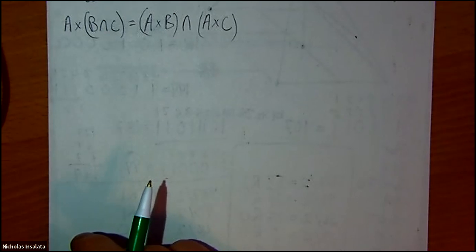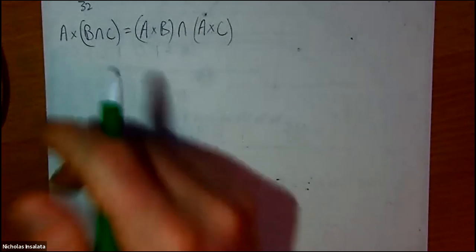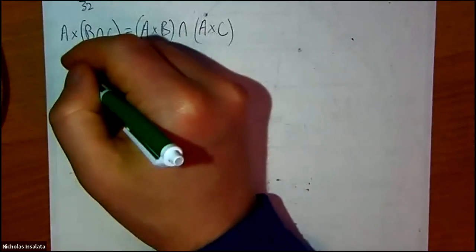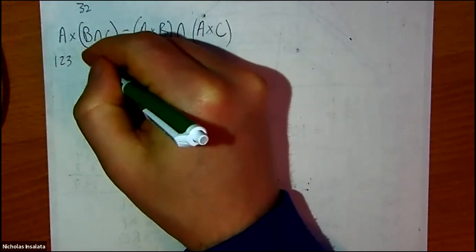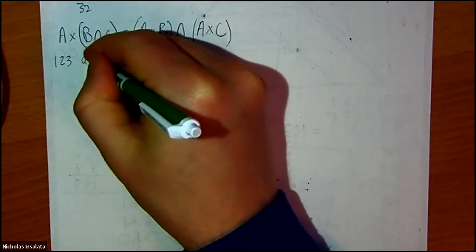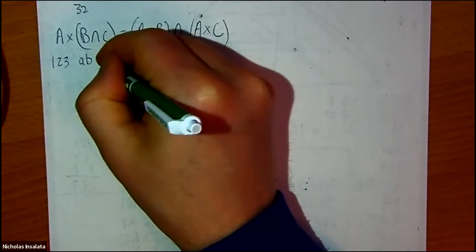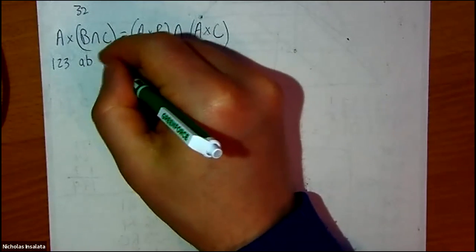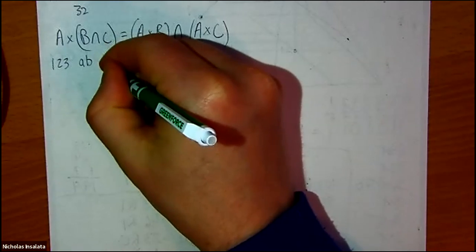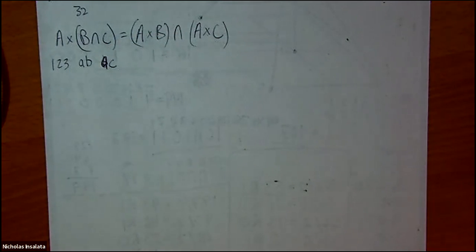Okay. So let's do an example here, right? So if A has 1, 2, 3, B has A, B, and C has B, C, right? Or here, maybe we'll make the A's in common. AB and AC, right?